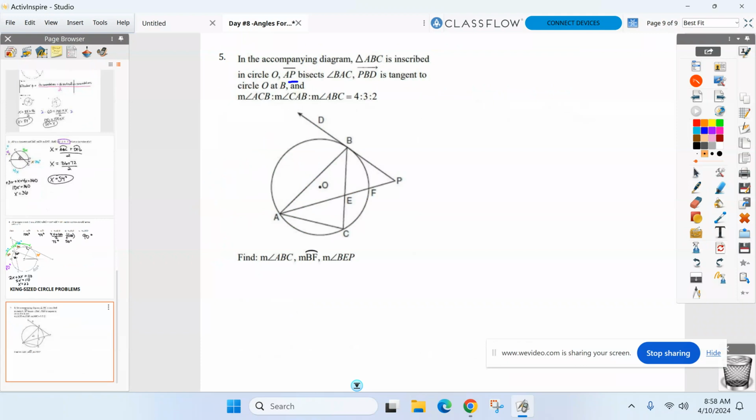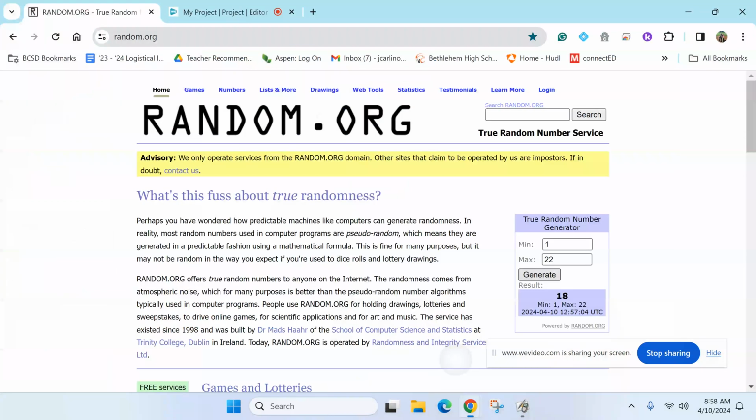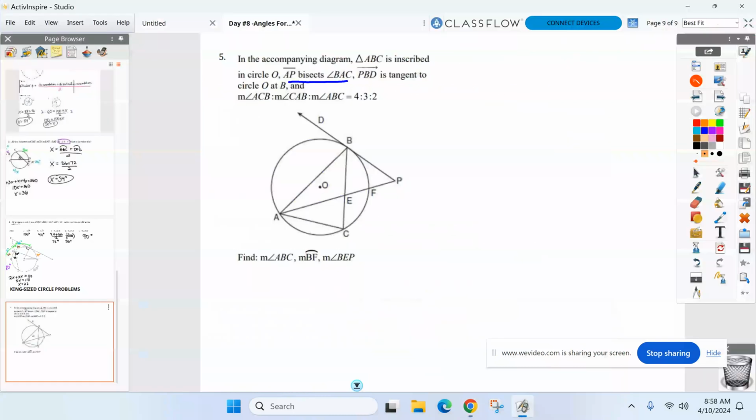Read through everything. AP bisects BAC. Can you tell me what two angles are congruent then? AP, that line segment, bisects angle BAC. So what angles can I put arc marks on to show they are congruent? Lauren, going back to you again.